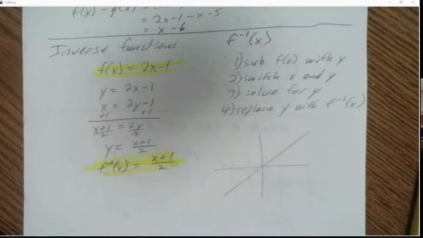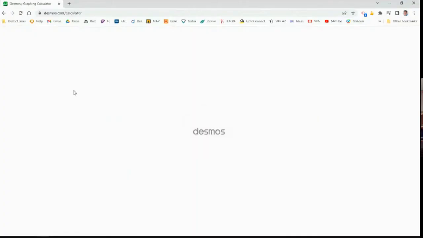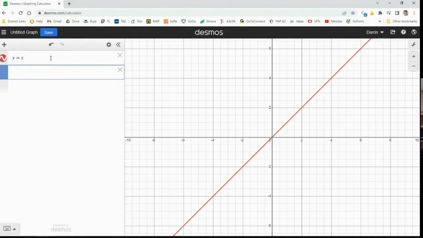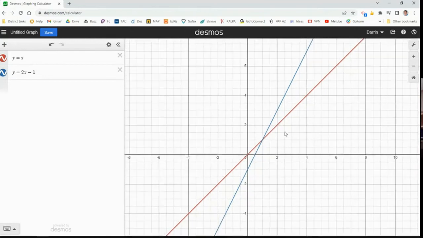And let me show you that. Let's physically do that here. First let's put in that line y equals x. There's the line y equals x. Here is the original function, 2x minus 1. We see it makes a line right there. We expect this one to be the same distance away on the other side of the red line, crossing at the same point.